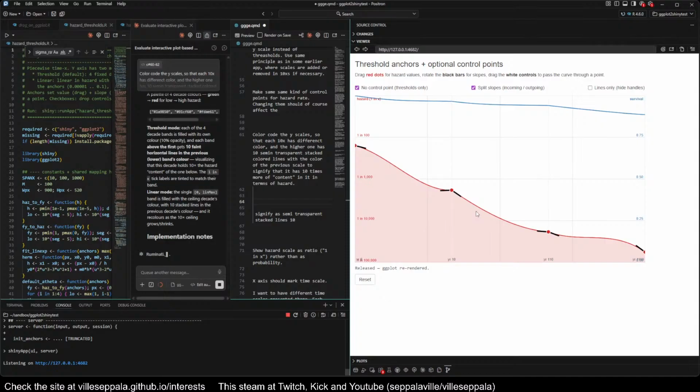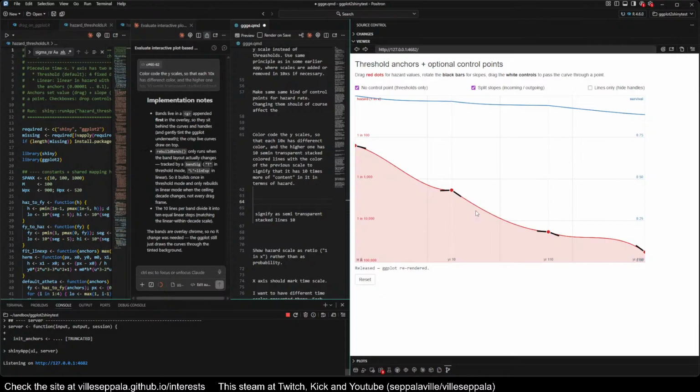I'm wondering, instead of different colors, could I be using something else?